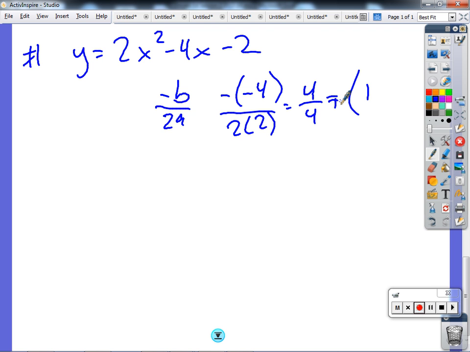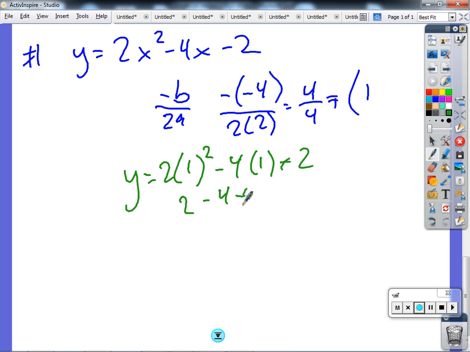Now, Addie, if I have 1, how do I find my y value? Plug 1 in for x, exactly. So, y equals 2 times 1 squared minus 4 times 1 plus 2. So 1 squared, 1 times 2 is 2, minus 4 plus 2 is 0.